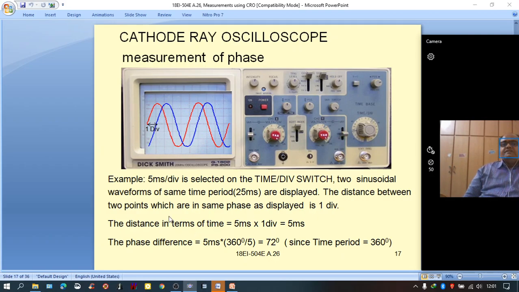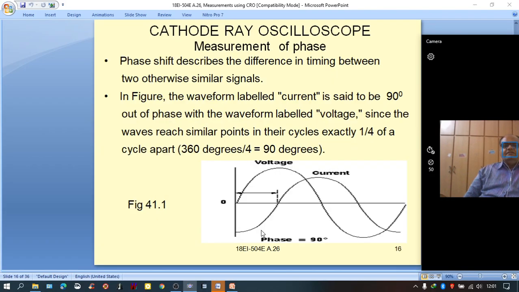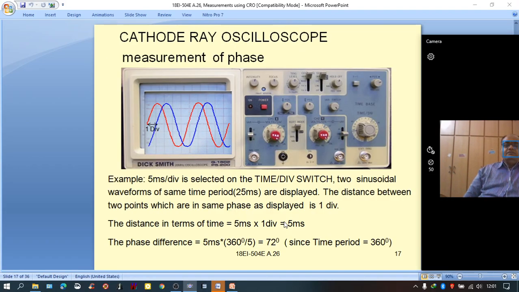And how to measure that phase shift? Once again, just by observation, sometimes we can say if it is exactly 90 degrees, we can tell. But for other than 90 degrees, we have to use the calibrated scales in time per division, that is the time-based scale, and the vertical amplifier scale.